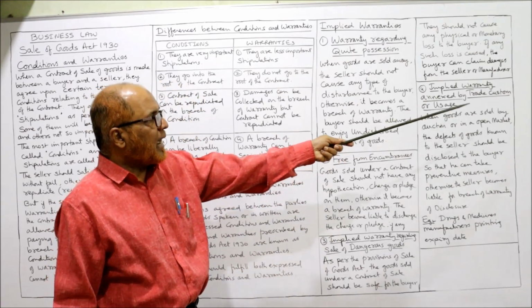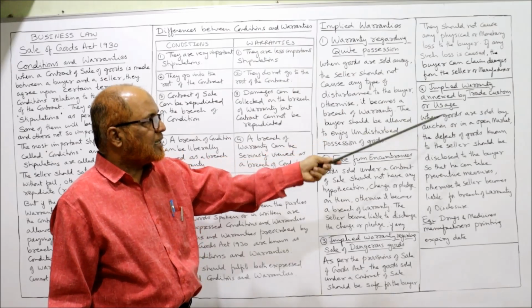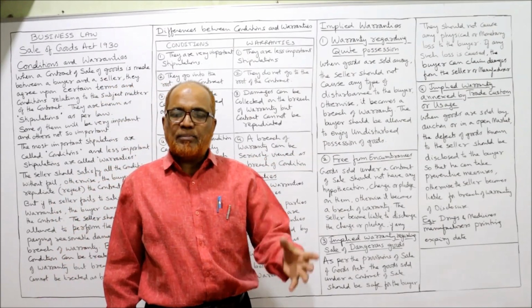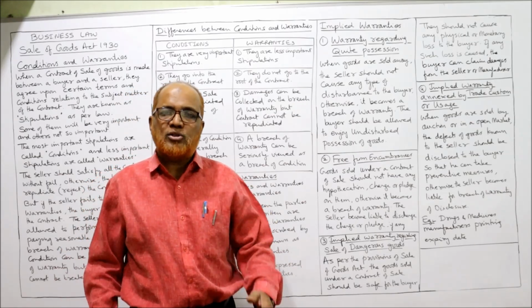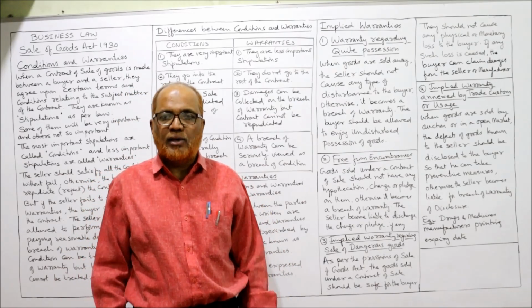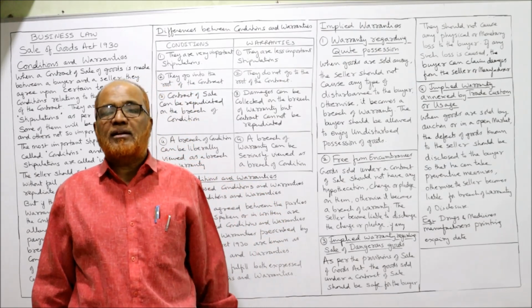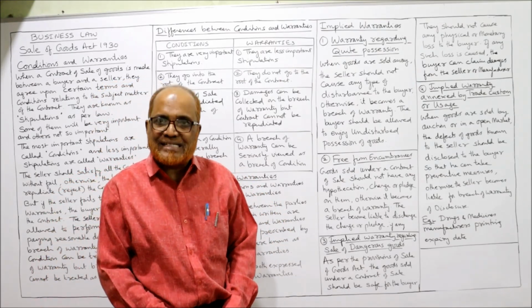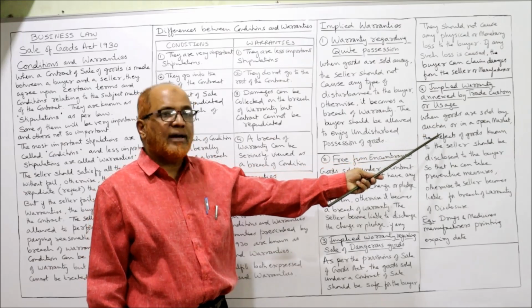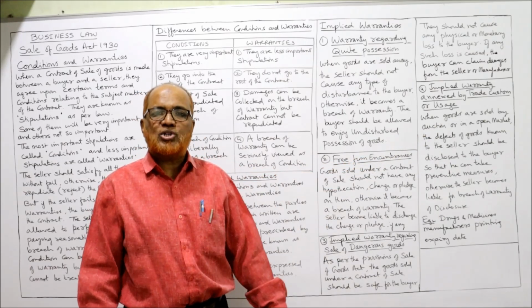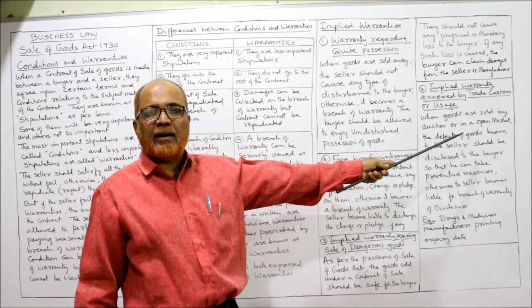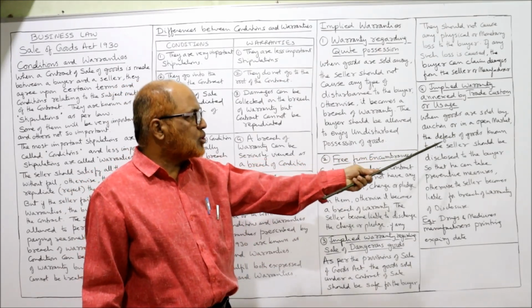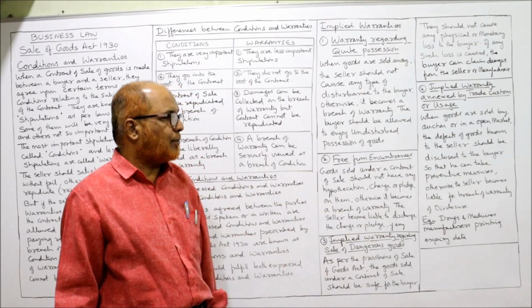Next one, implied warranty annexed by trade customs or usage. Sometimes the goods are sold according to some usage, according to some trade, customs, etc. In that case, what is the implied warranty on the part of the seller? When goods are sold by auction, by bidding, or in open market, then the defects of goods known to the seller should be disclosed to the buyer.